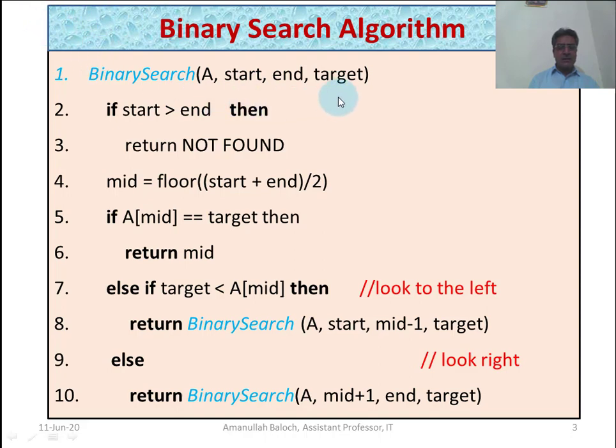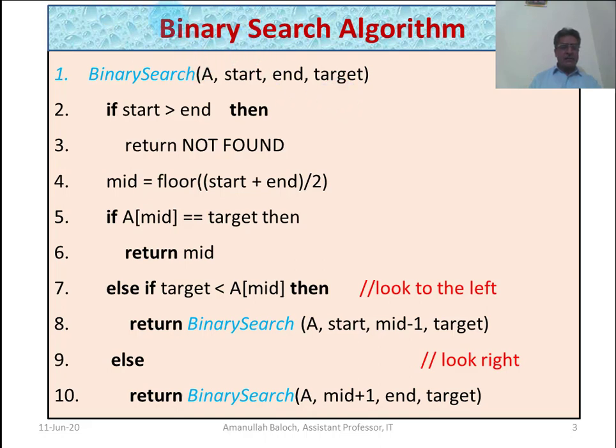Similarly it will continue this process, and in 7 or 8 iterations it will find the required value, if the target value exists in that specific array.